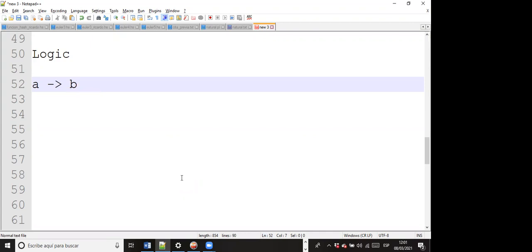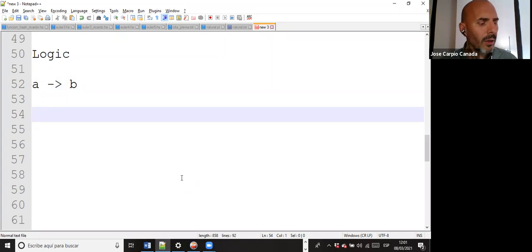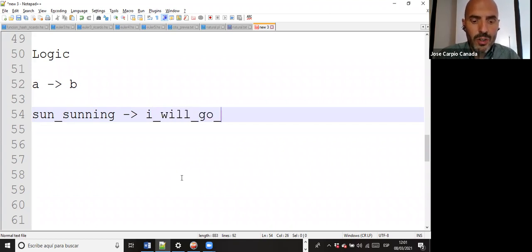But why am I not telling anything about A or not? I'm going to give you an example. Think about you are with your friend in Huelva, and you say to your friend, okay, tomorrow, if the sun is shining, I will go to the beach. And tomorrow your friend goes to the beach and says, what happened, Florian?